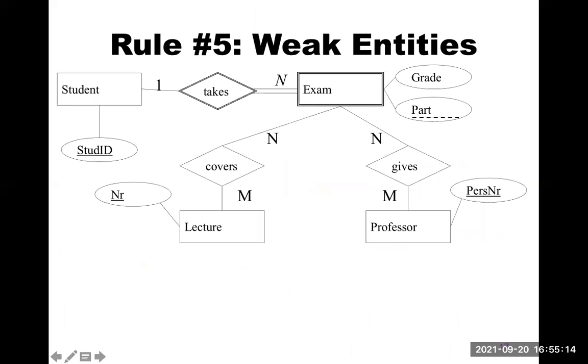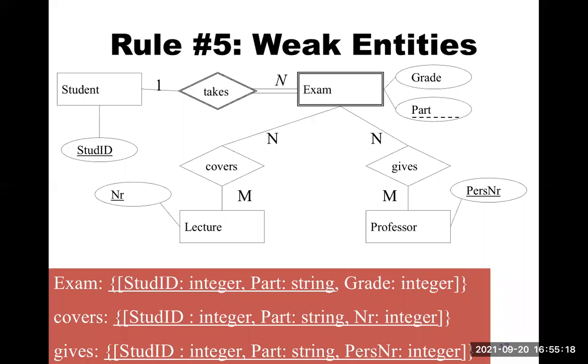And the last rule is weak entities, how to implement them this way. Having a weak entity and an identifying relationship, we merge them. So exam is identified by student ID and a part number.